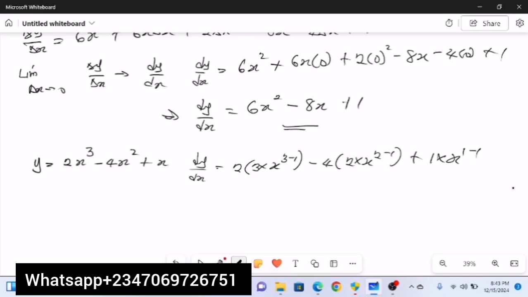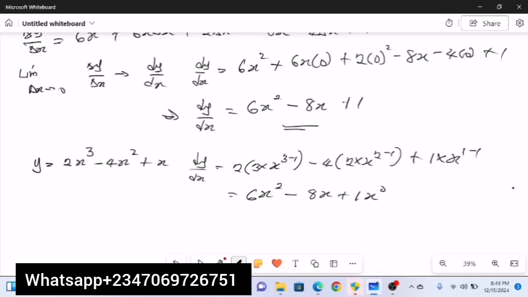So that means this is going to be equal to 2 times 3 here gives me 6x to the power of 3 minus 1 is 2. You have this. Minus 4 times 2 here gives me 8, x to the power of 2 minus 1 is simply 1. So that means 8x. Okay, plus, now 1 times x to the power of what? 1 minus 1 is 0.